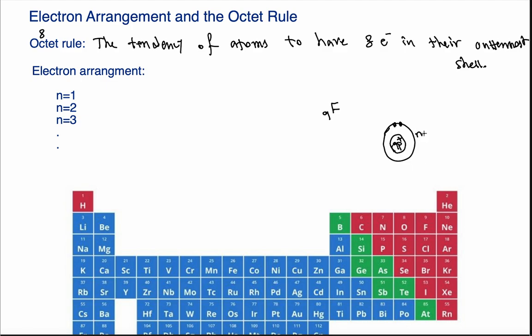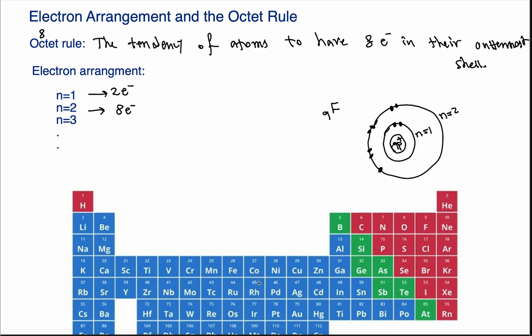So this is N equals 1, that is occupied by 2 electrons. On N equals 2, N equals 2 can hold a maximum number of 8 electrons. Fluorine has 9 electrons in total, so 2 on N equals 1, and on N equals 2 we have 7 electrons.